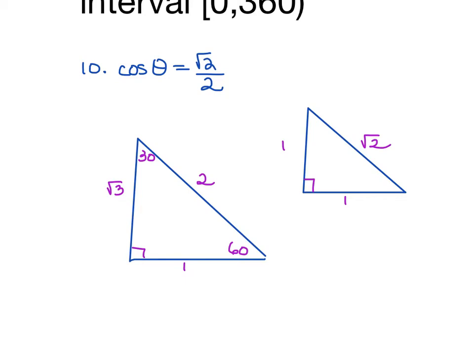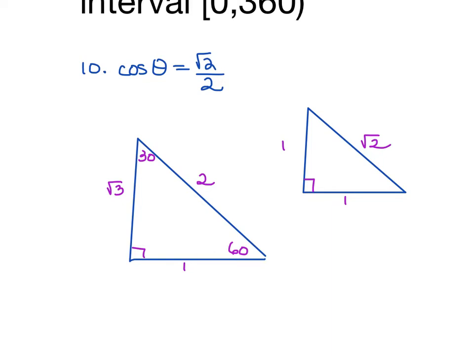Now, when you're doing these problems, the clue is going to be the square root of 2 or the square root of 3. As soon as you see a square root of 2 in your problem, you know you're using the 45, 45, 90 right triangle. And your reference angle is going to be 45. When you see a square root of 3 in the problem, then you know you're going to use the 30, 60, 90.